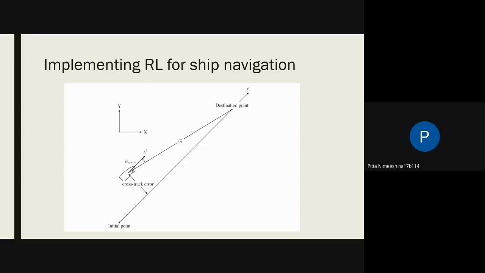Yes, sir. Say we are measuring it with respect to BCS, the longitudinal direction of the ship, and the velocity of the ship is not in the direction of V2. Our course angle will be 0, but that is not the desired thing that we want. Correct. I think you have given a very good example.